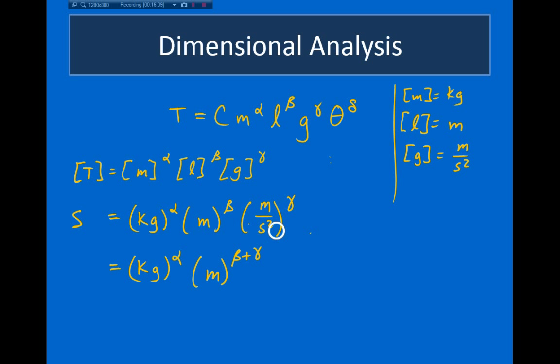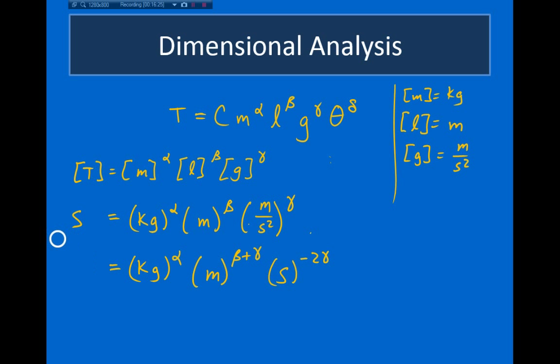In time, because seconds squared is in the denominator, we can write this as seconds raised to the minus 2 gamma power. Now, the units over here have to equal the units over here.